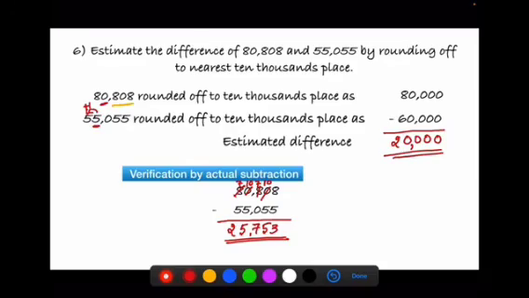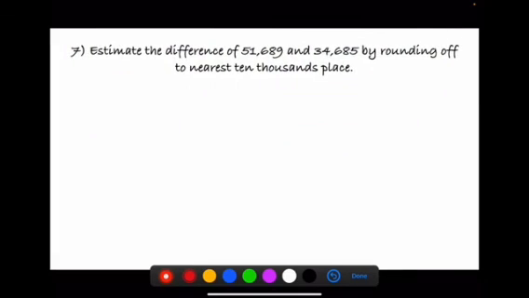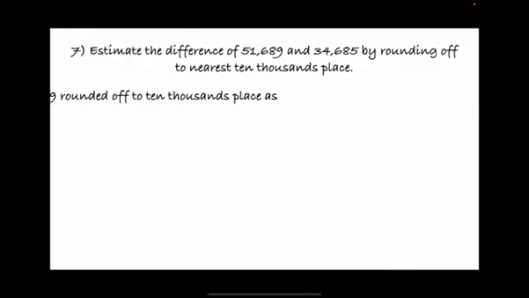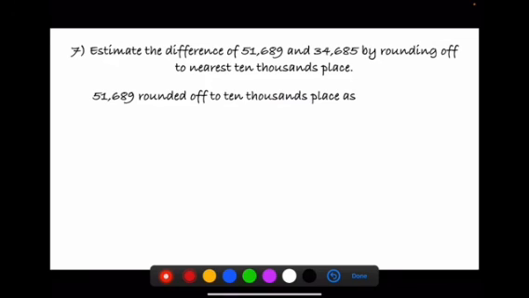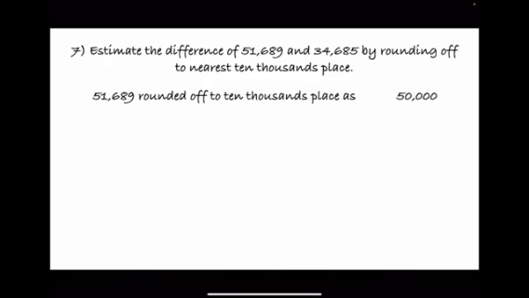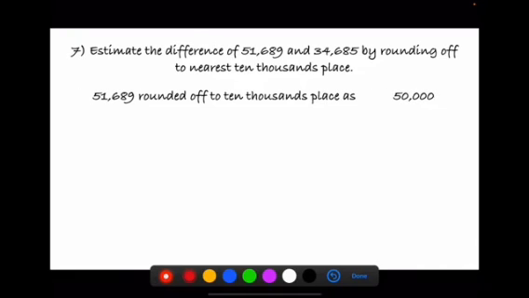Now moving on. Estimate the difference of 51,689 and 34,685 by rounding off to the nearest 10,000th place. Now in a similar manner, children, 51,689 rounded off to the 10,000th place is 50,000.